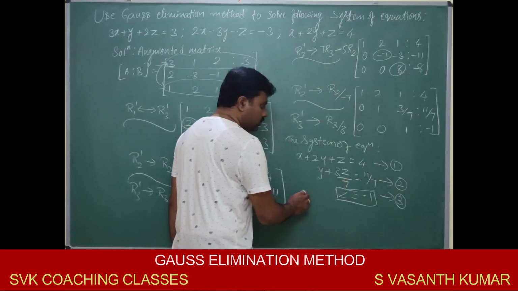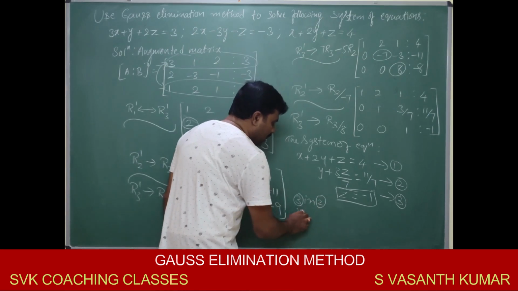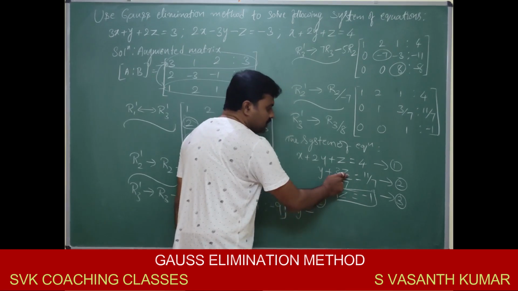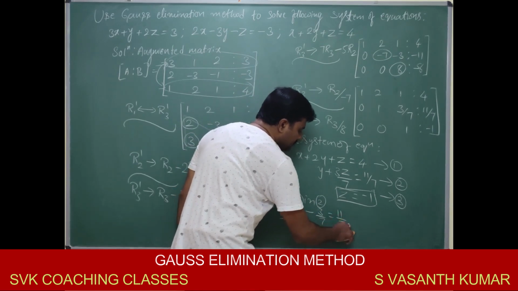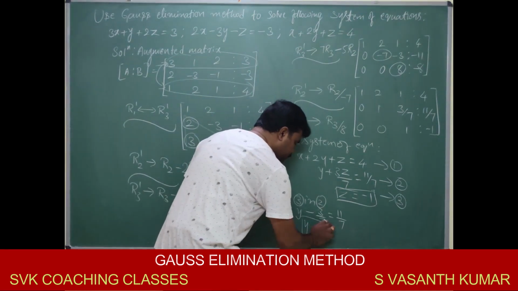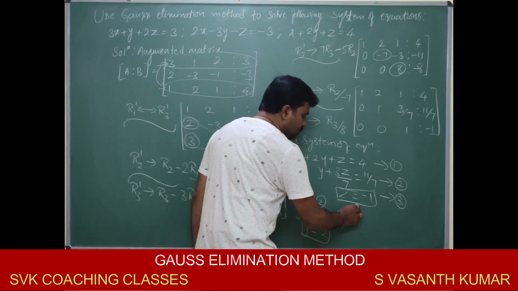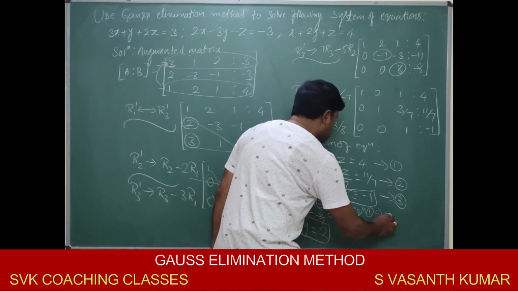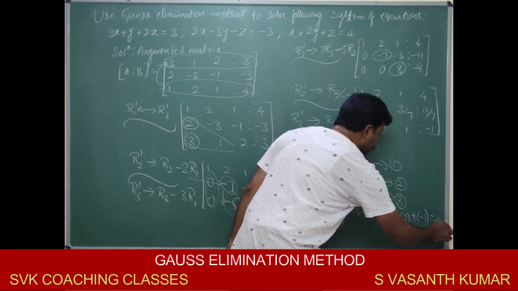So substitute 3 in 2. I am going to get y. 3 into minus 1 is minus 3, so y plus minus 3 by 7 equal to 11 by 7. Simplifying this, we get the value of y as 2. Now substituting the values of y and z in equation 1: x plus 2 into 2 plus z value minus 1 equals 4.